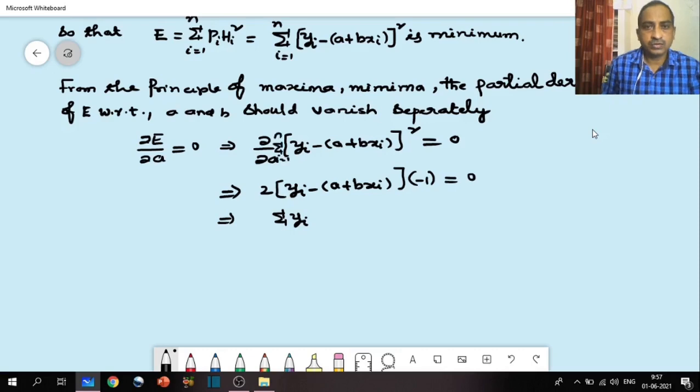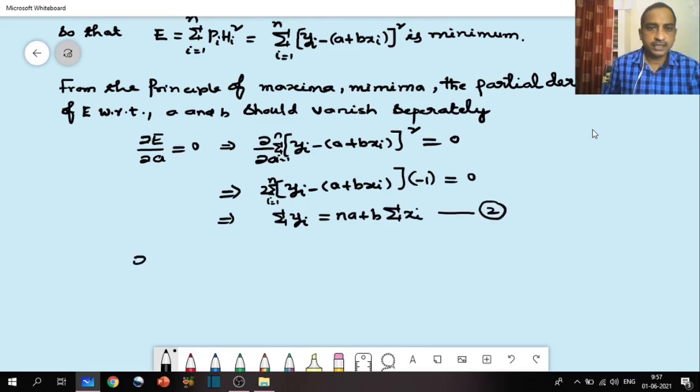So summation y_i equals n a plus b summation x_i. This is equation 2, right?